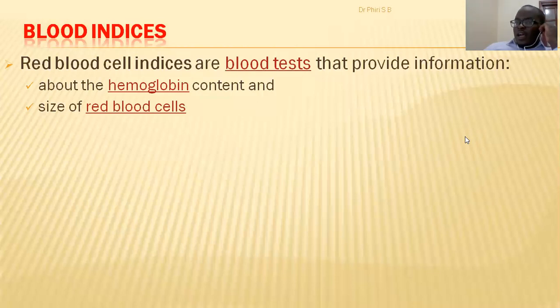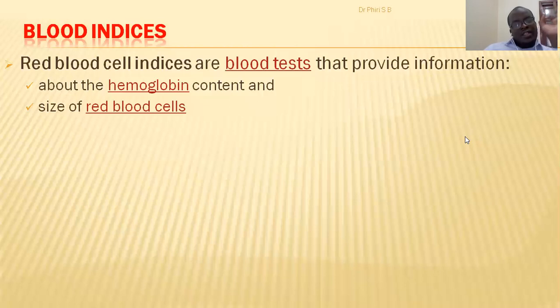For instance, you can have a hypochromic microcytic anemia. In case of iron deficiency anemia, the cells are small. On top of that, the content of hemoglobin is not that much, because for the production of hemoglobin you need iron. If you're lacking iron, less hemoglobin will be produced.